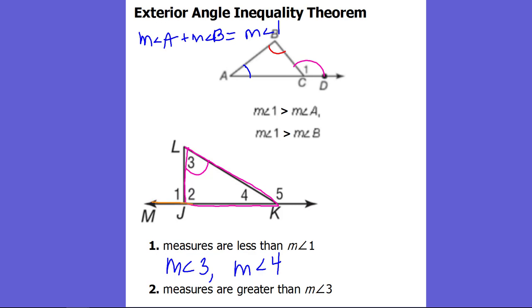Angle 1 is an exterior angle for the triangle, so angle 1 should be greater than angle 3. And then this pink triangle also has an exterior angle. 5 is also an exterior angle for that triangle, so 5 should be greater than 3 as well.